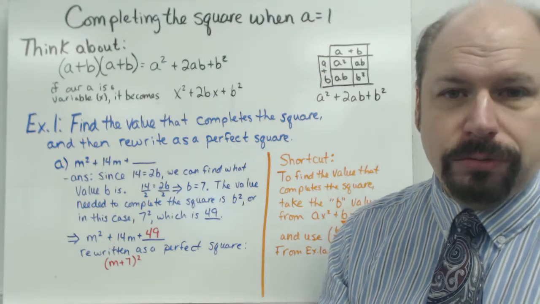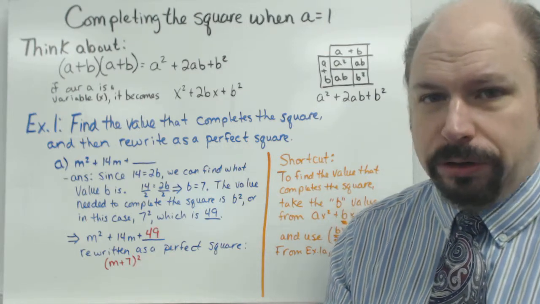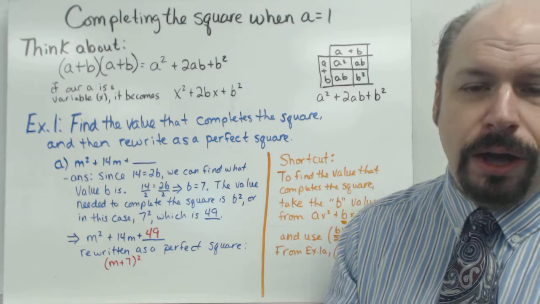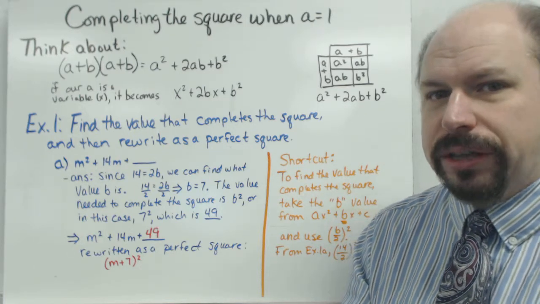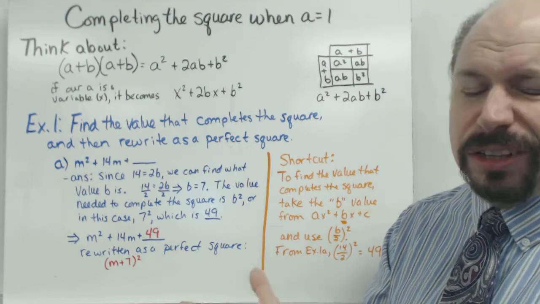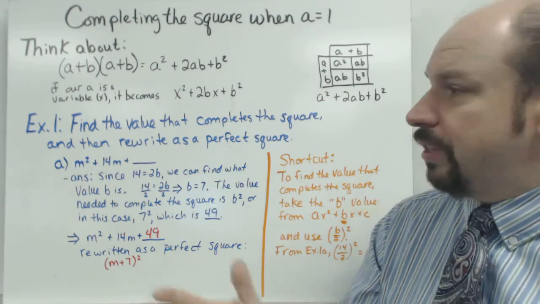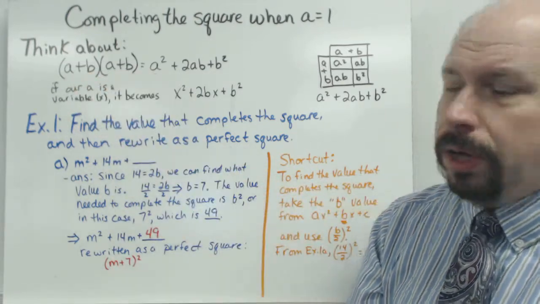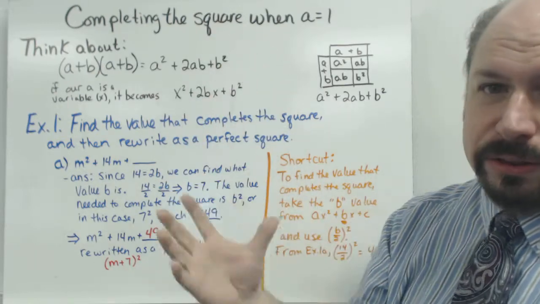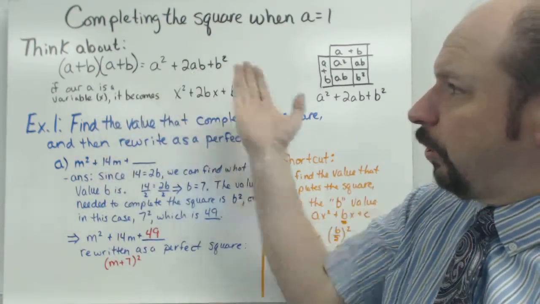Now, later on, we're going to have some that are maybe 2 or 3 or some other numbers out front there. So there will be a few modifications that we'll do, maybe just slightly a little bit harder, but not too bad. So the first thing I want you to think about is if we have a plus b times a plus b, because we're completing the square, and so what we want is a perfect square trinomial here.